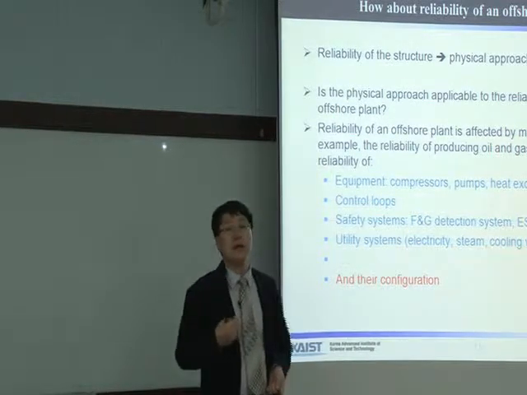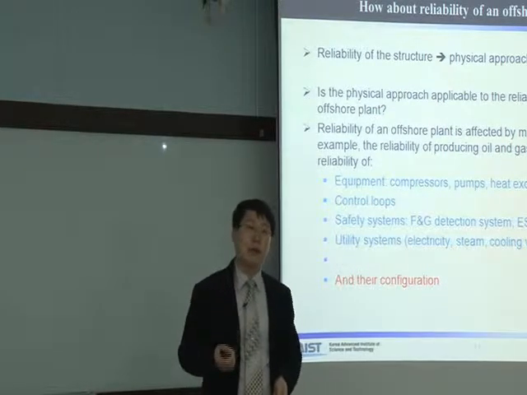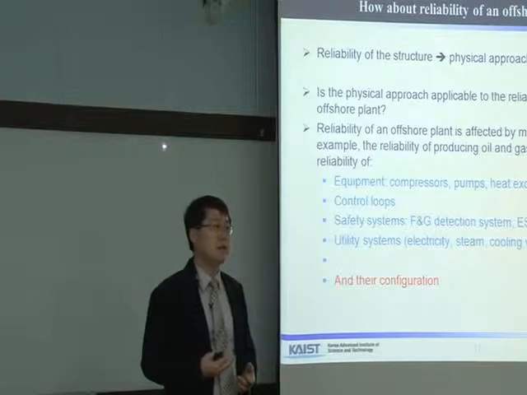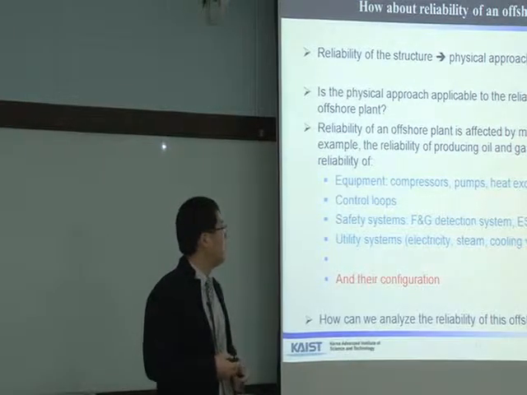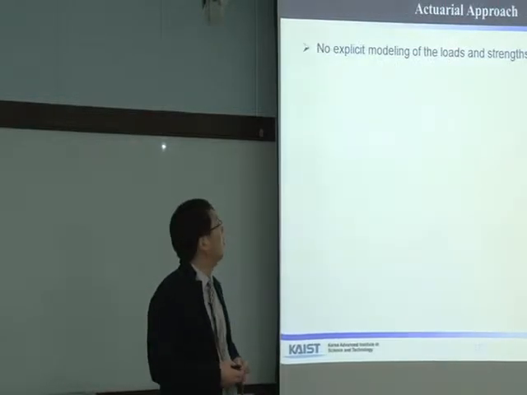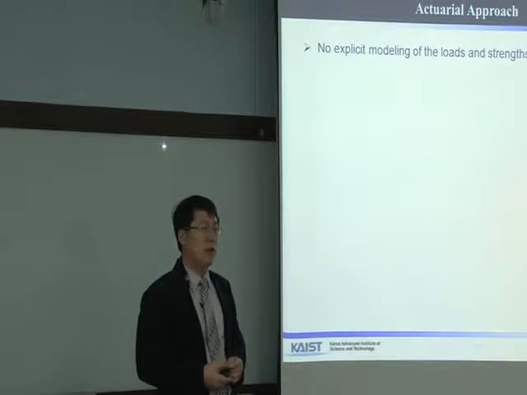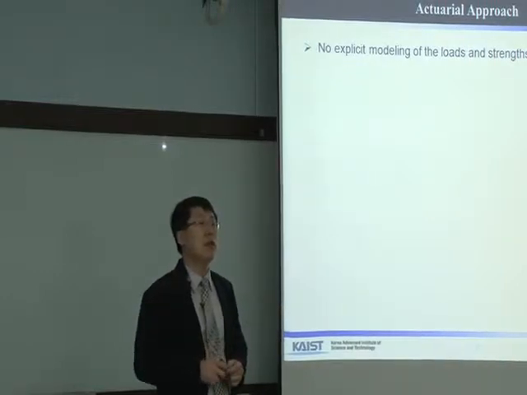So the reliability of the offshore plant is also maintained by human factors like maintenance. So how can we analyze the reliability of the offshore plant? So we will take the actuarial approach. That approach is completely different from the structural reliability.